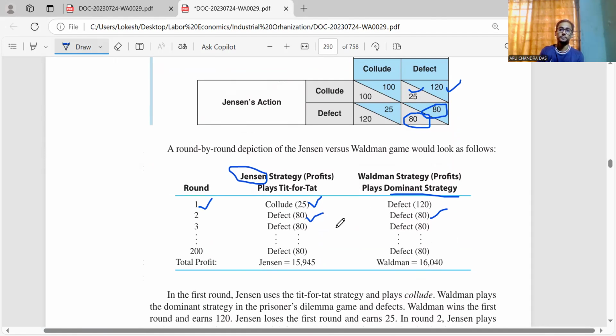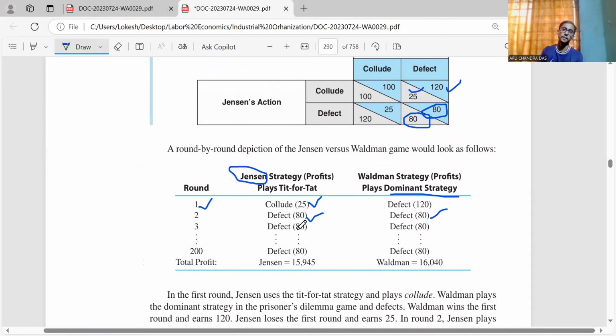So according to condition number 2, since the players are following the actions previously taken by their opponent, and here Janson has played defect, Waldman has also played defect.